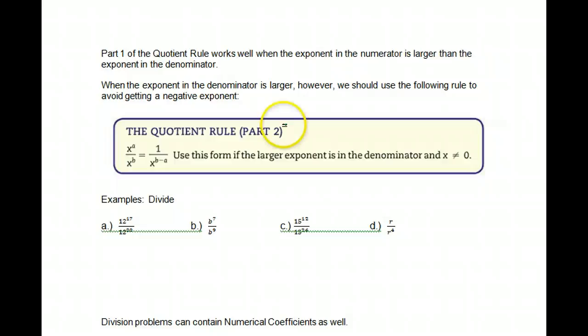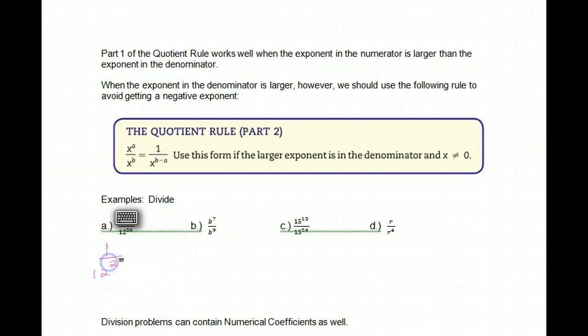Okay, so if you have a larger exponent in your denominator, what you would want to do is make it 1 over your base, which our base in this example is 12, to the b minus a, so your denominator minus numerator exponent.